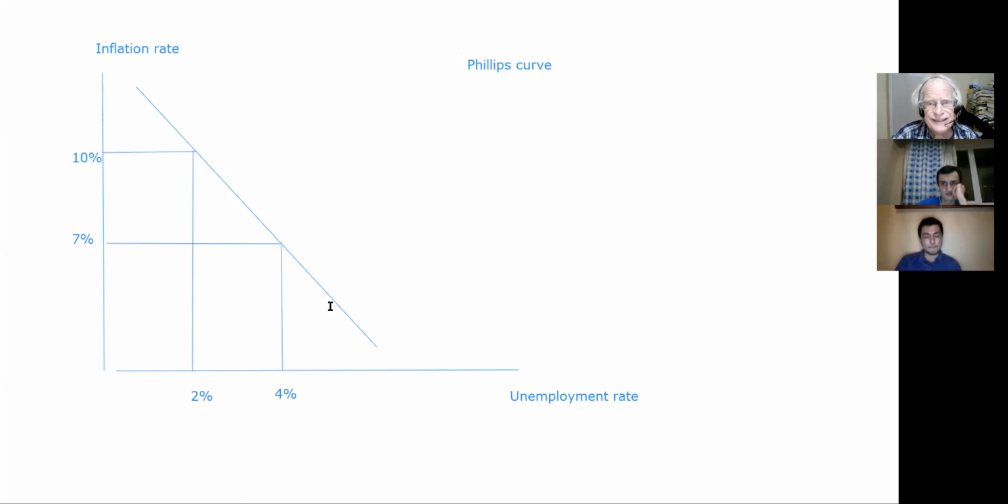So it's wonderful. The national bank can manage the national economy just by targeting a rate of inflation if the model is correct.